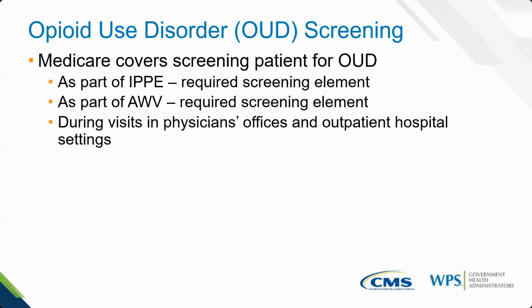And then finally, during visits in physician offices as well as outpatient hospital settings, you can offer what's called screening, brief intervention, and referral to treatment, or SBIRT services. And I'm going to talk a little bit more about that in the next couple of slides.